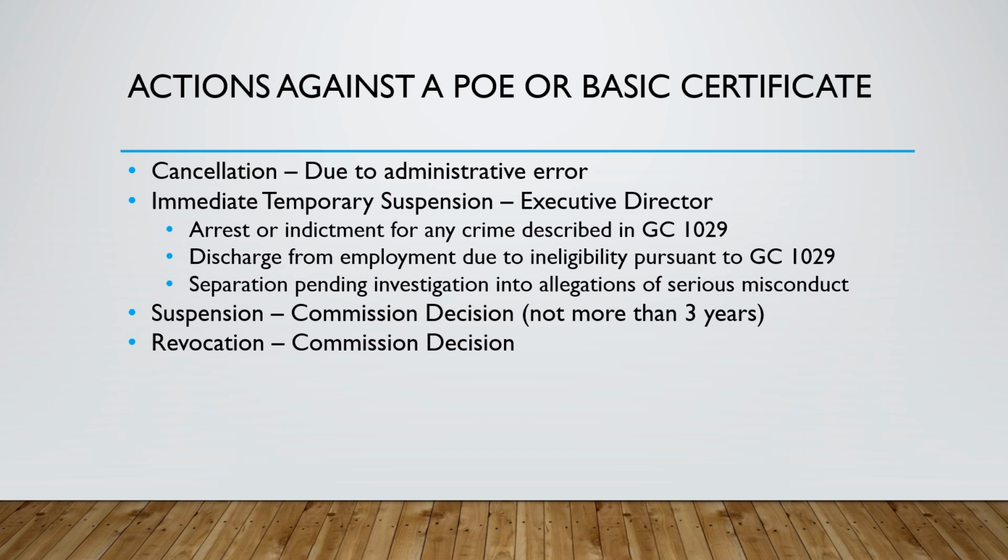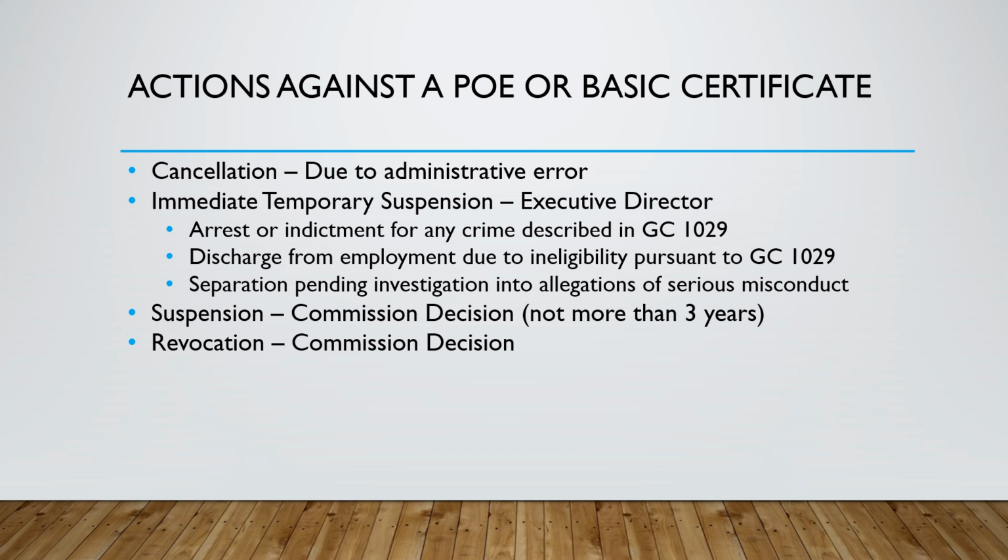POST issues a basic certificate and is notified after the fact by the training manager that the officer's probationary period has been extended. POST will cancel the basic certificate, and upon notification by the training manager that the peace officer has completed probation and now fulfills all requirements for a basic certificate, will issue a new basic certificate.